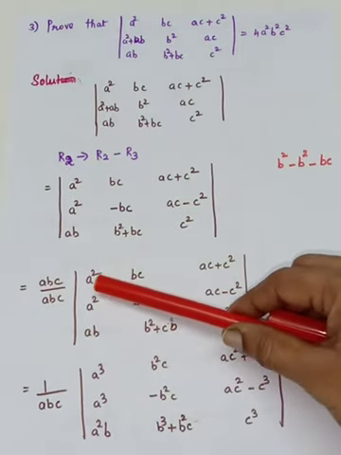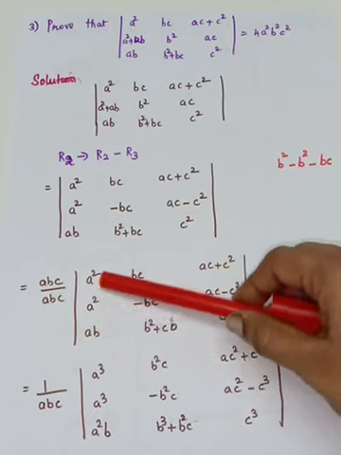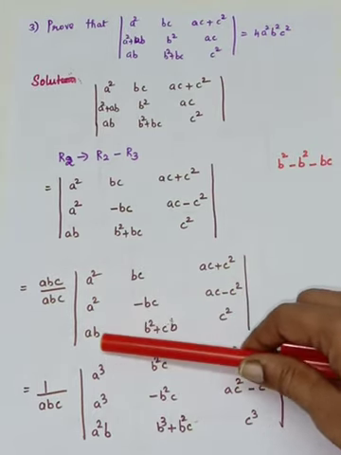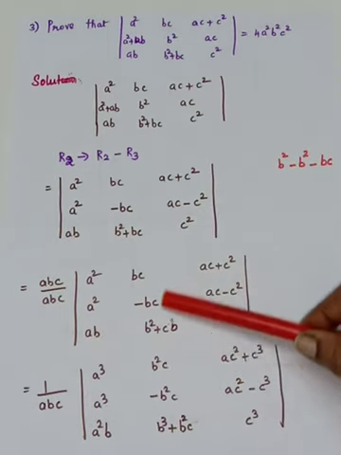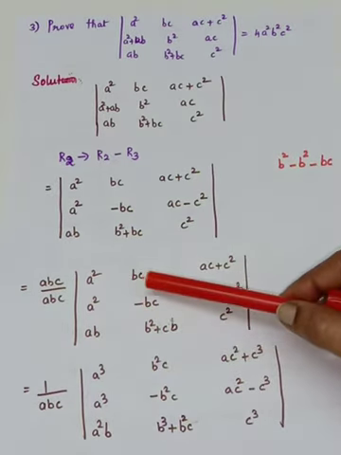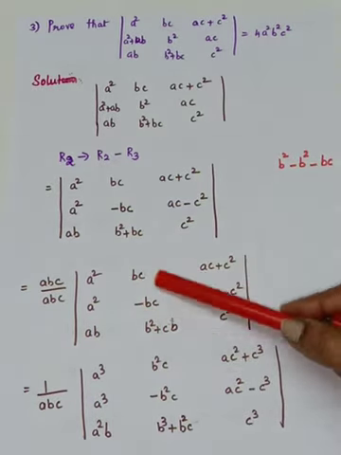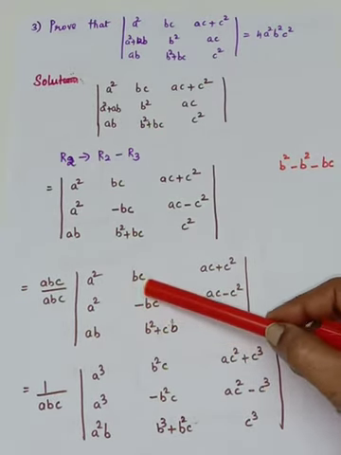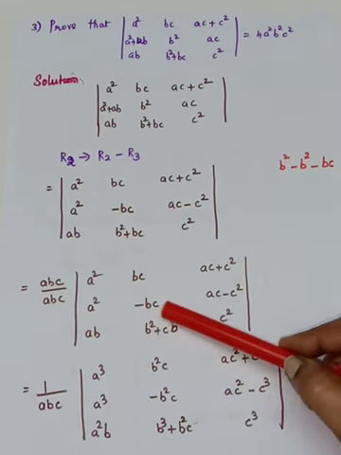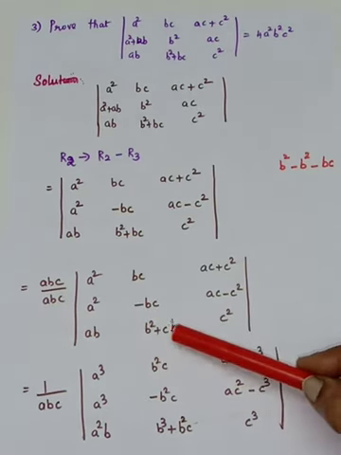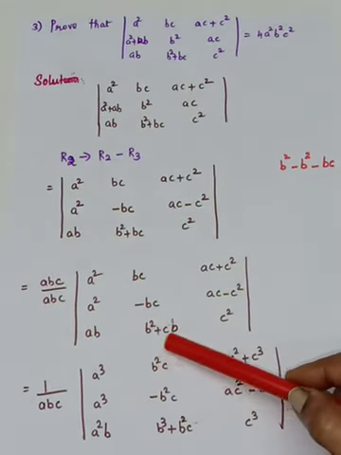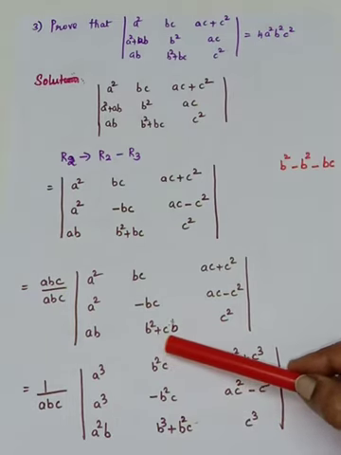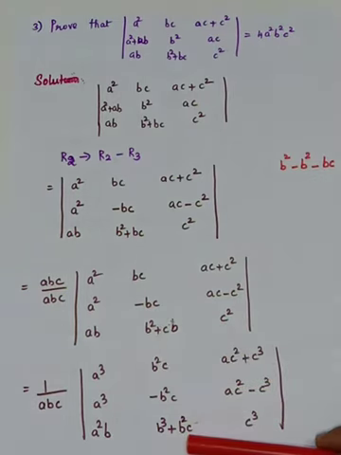So if you multiply A with the elements of C1, it is A cube, A squared B. In the same way, you take B and multiply with the entries of the second column. So here what has to come? B squared C minus B squared C. Here you will have two terms, so the B has to be multiplied with two terms. So it is B cube plus what has to come? C B squared, that is B squared C.